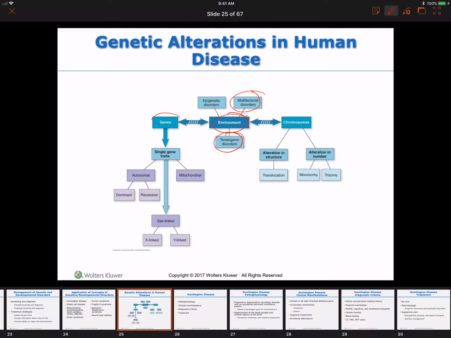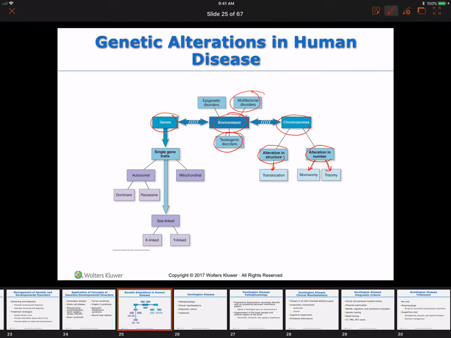These can affect genes or chromosomes. If they affect chromosomes, we may end up with an alteration of the chromosome structure, something we call translocation, or an alteration within the number of chromosomes. So we get half the normal, monosomy, or another copy on top of the normal, a trisomy.